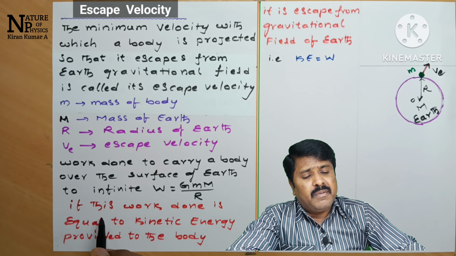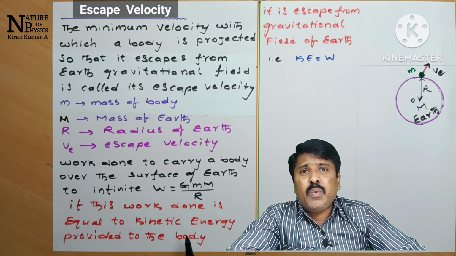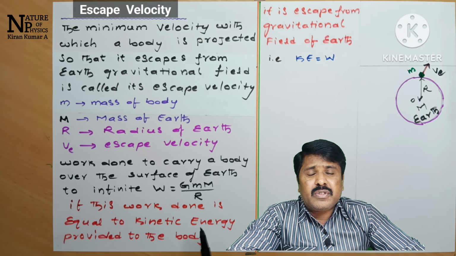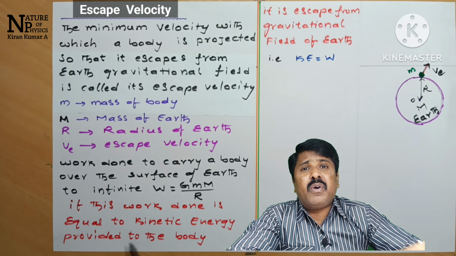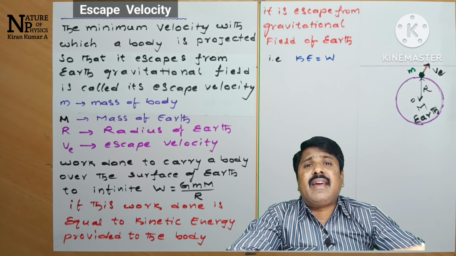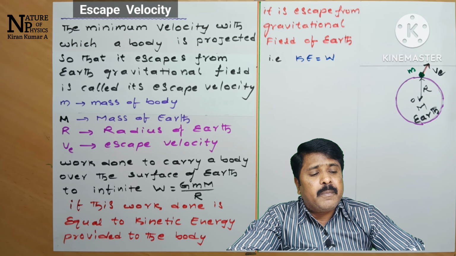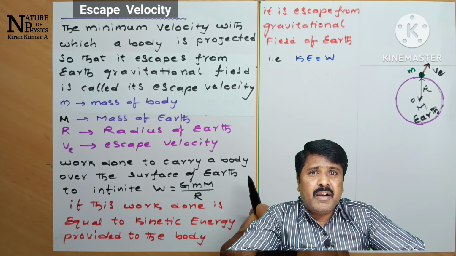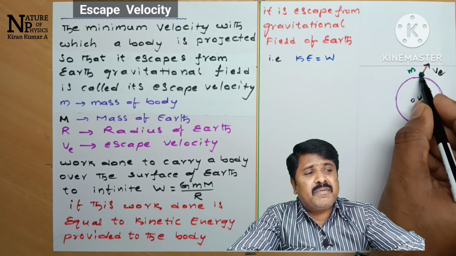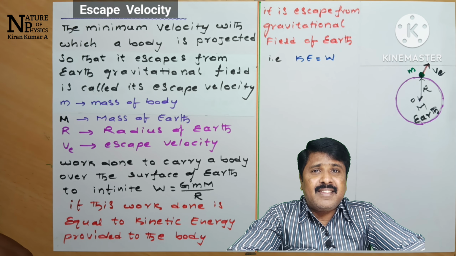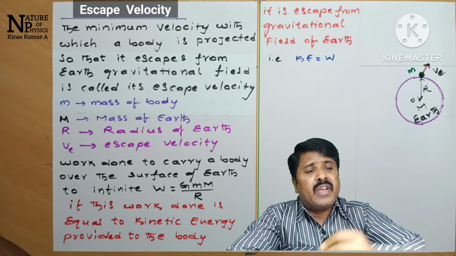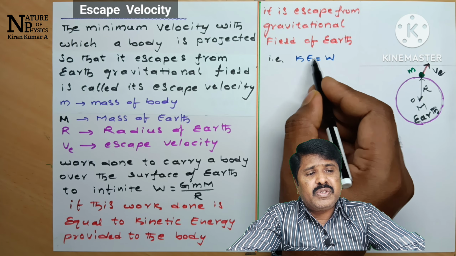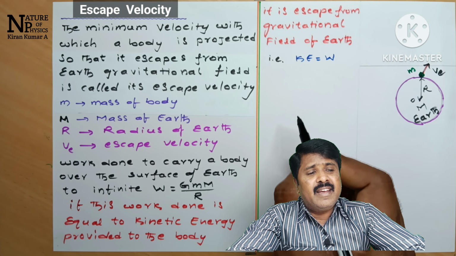If this work done is equal to the kinetic energy provided to the body, the work done is stored in the form of what energy, students? Kinetic energy, to escape the body from the earth's gravitational field, from the surface of the earth to infinite distance. The conclusion is that the work done is stored in the form of kinetic energy.